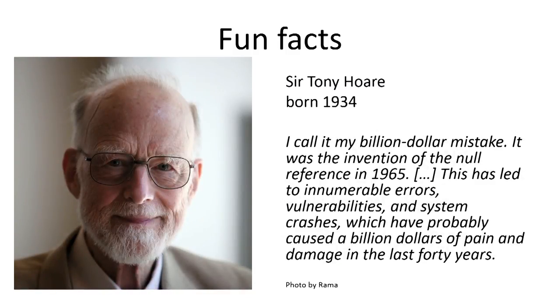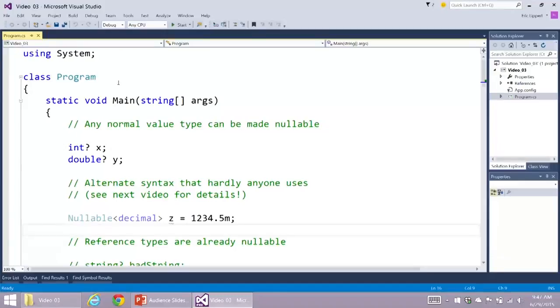This has led to innumerable errors, vulnerabilities, and system crashes, which have probably caused $1 billion of pain and damage in the last 40 years." I think that Sir Tony is vastly underestimating the cost of the billion-dollar mistake. And I think it's a many, many billion-dollar mistake. So the key takeaway here is be super, super careful with nulls, because it is very easy to get them wrong.